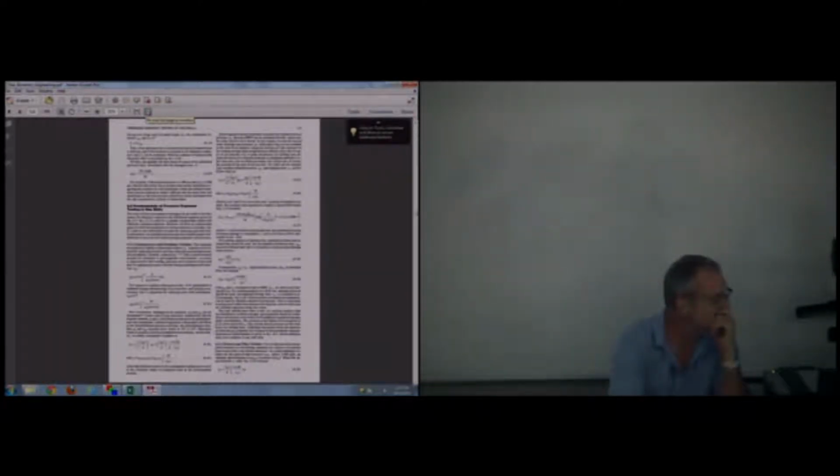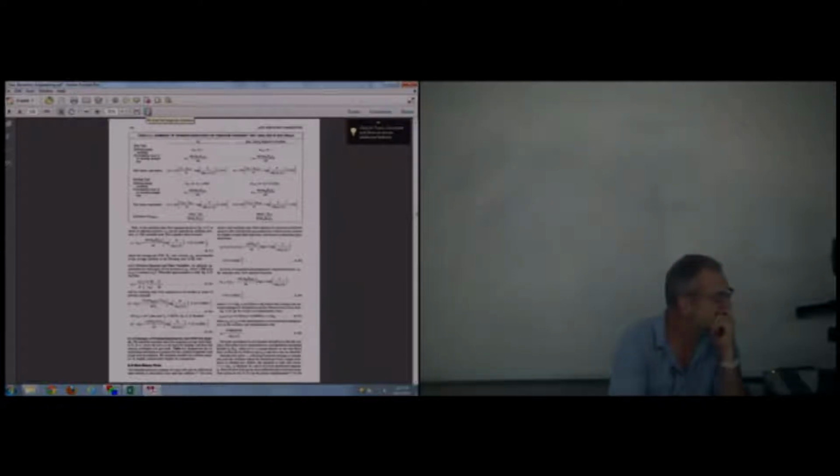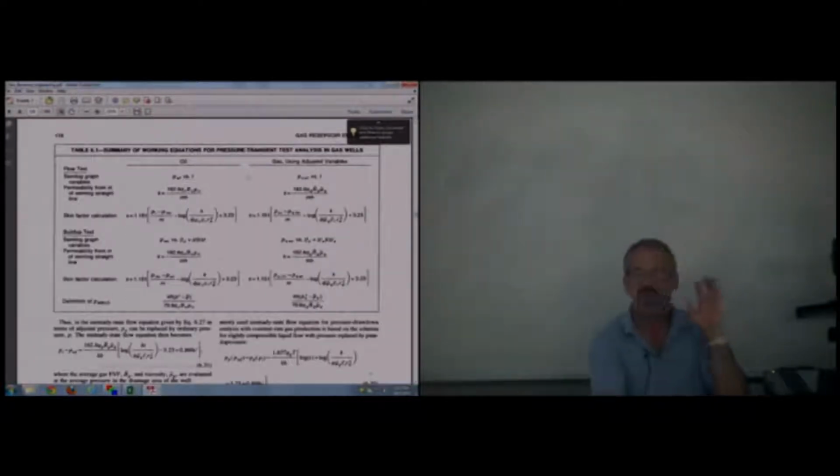Okay, so we're doing a drawdown. This table 6.1 gets continued on other pages. This isn't all of 6.1 that we're looking at. Here's oil. Remember, the industry started as an oil business, then later became a natural gas business, so all the equations were converted from oil to gas.